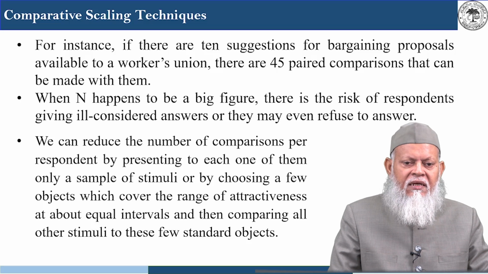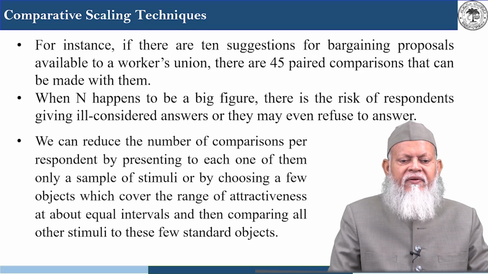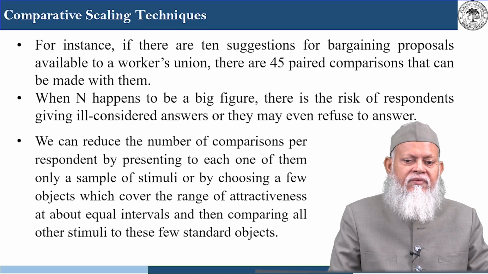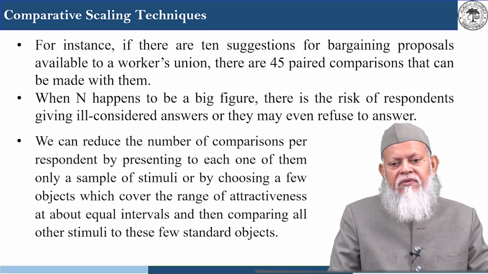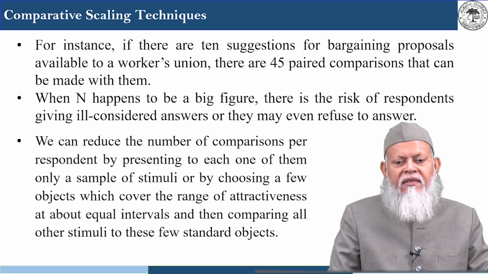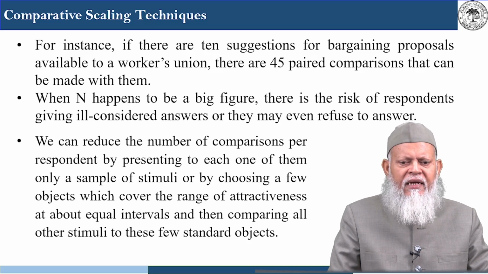If we ask people to compare between 10 stimuli, then the number of judgments required is 45. So most of the time they would either refuse to cooperate, or they would give any answer without any thought and without any serious consideration.